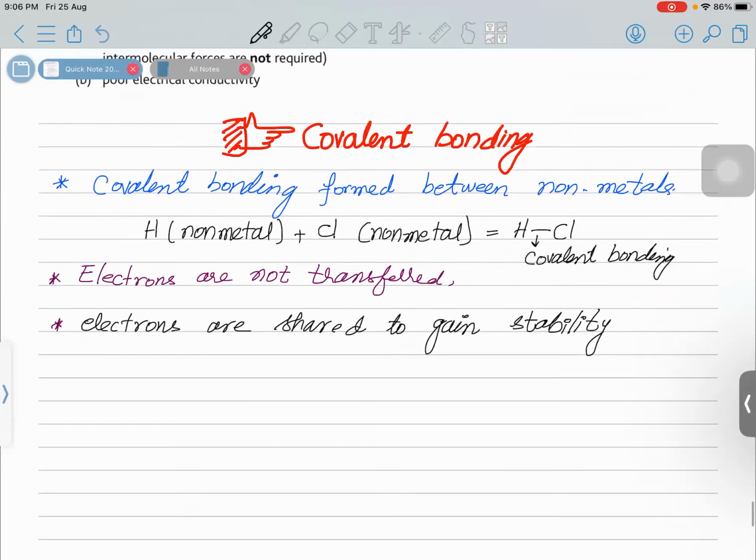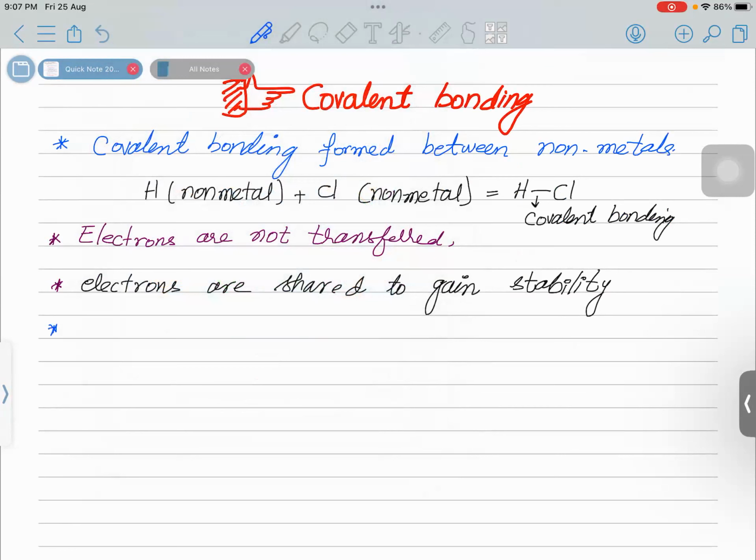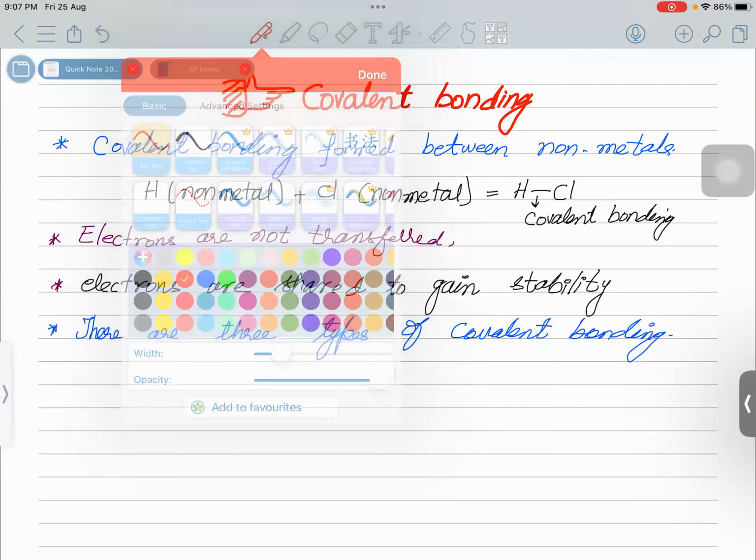There are 3 types of covalent bonding. Number 1, single covalent bonding.